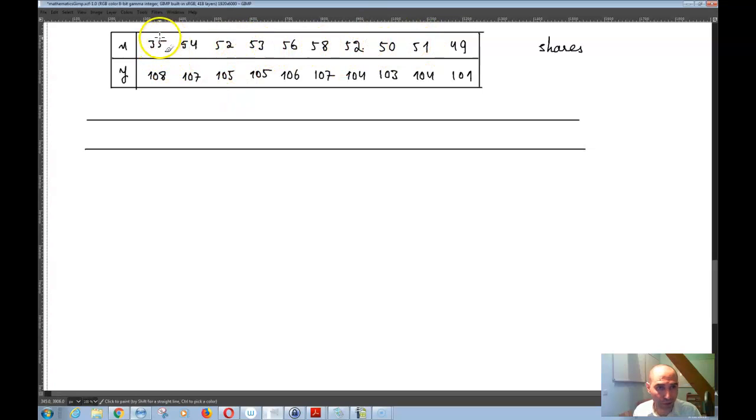So if I were to write these in ascending order, I would write this as, for example, 35, and I have no 30 anymore, so I have only one 40 here, which is 49.